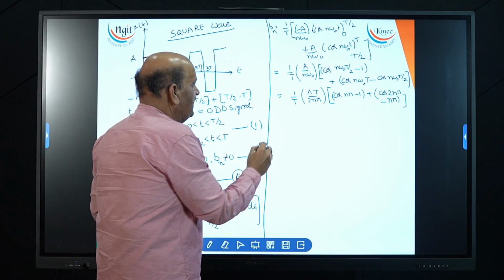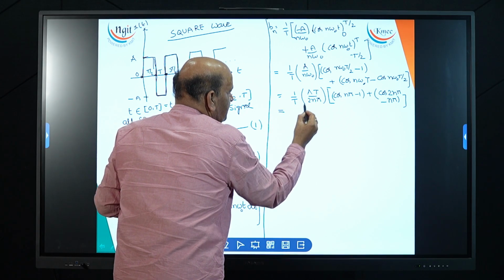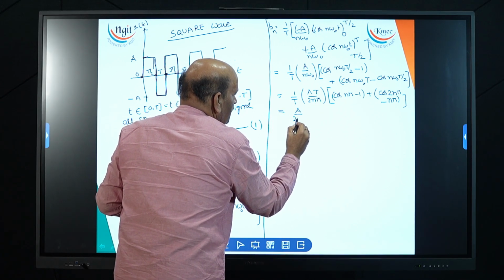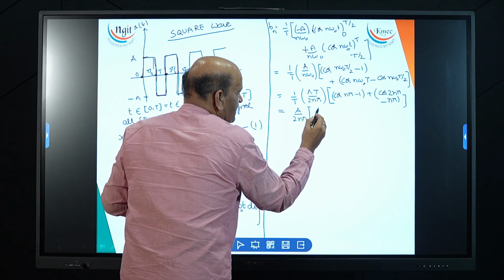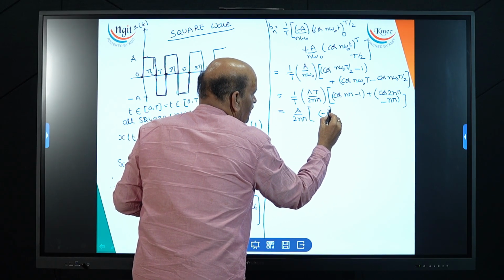Now just look at this: this is equal to this, t cancels, that is a by 2n pi into cos n pi. What is the value of cos n pi? Minus 1 whole power n.